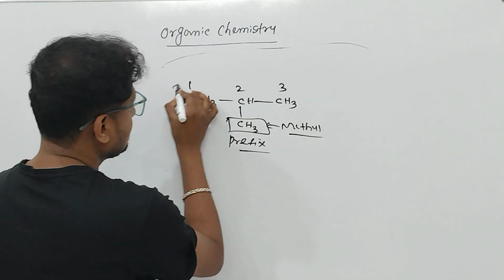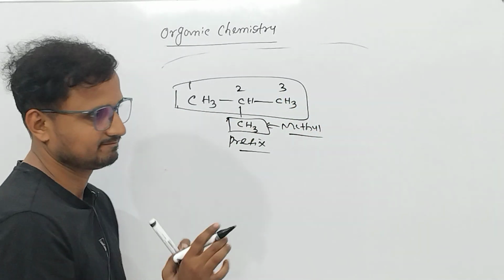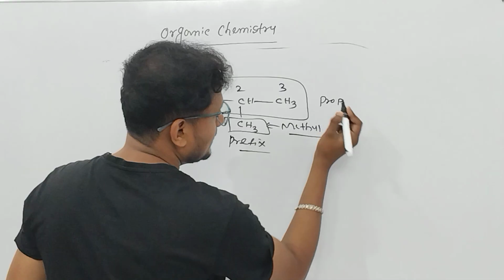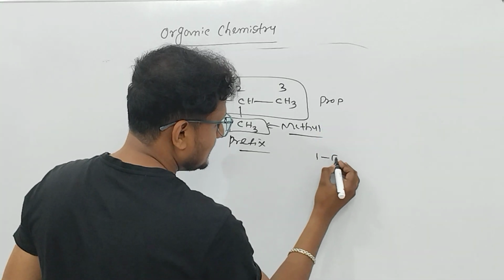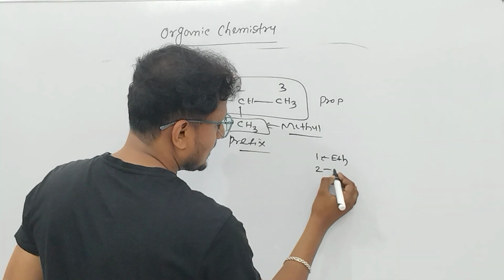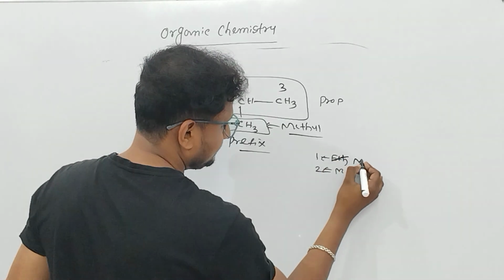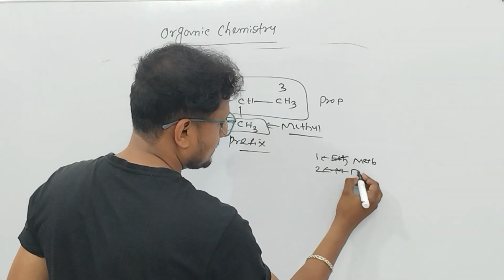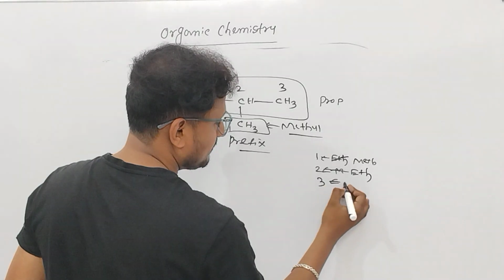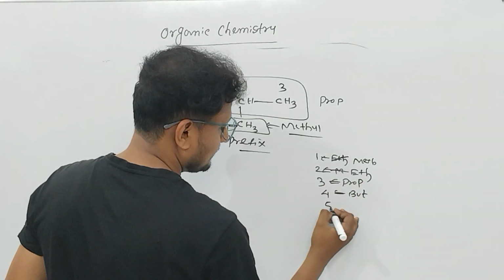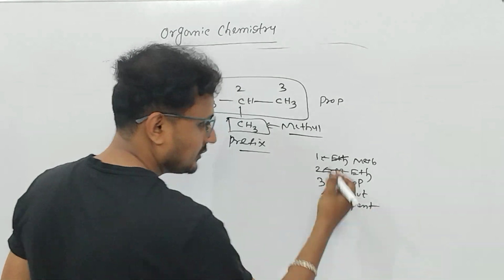And in the chain we have 3 carbons. So 3 carbons means prop. We already know this: 1 carbon meth, 2 carbon eth, 3 prop, right? 4 means but, 5 means pent, like this we all know.